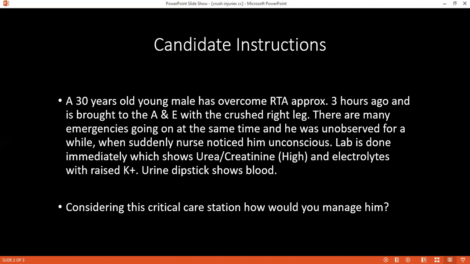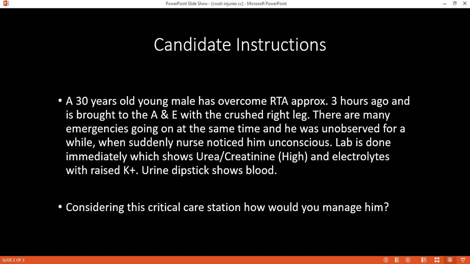If there is no patent airway, I will start with jaw thrust and chin lift, with high-flow oxygen by mask. If no response, I will go for a nasopharyngeal or oropharyngeal airway. If there is difficulty with this, I will go for a more advanced procedure and ask for help from an expert anesthetist for endotracheal intubation.